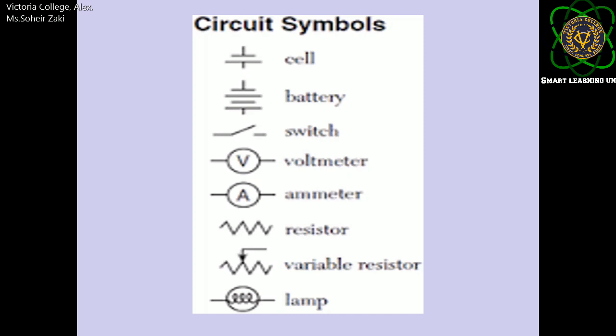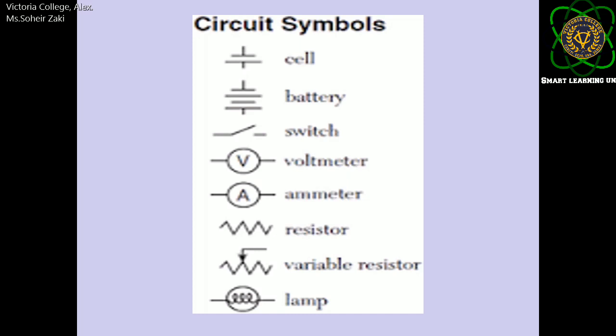And if we have many cells, this is called the battery of the circuit. The third shape is the switch, and this dash, when we put it down, the circuit will be on, and when we move it up, the circuit will be off, and there is no electric current passing through the circuit.